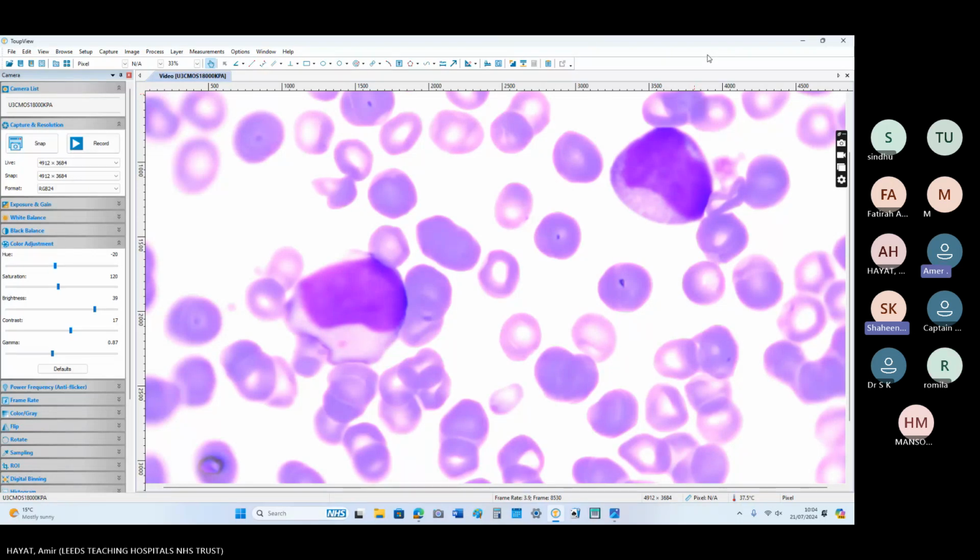Because in some articles I have read it's now intermediate dose, but the BSH guideline says high dose cytarabine. Okay, high dose. And once the patient is in remission after the first CR, then you will request your transplant colleagues whether this patient is fit for transplant or not.